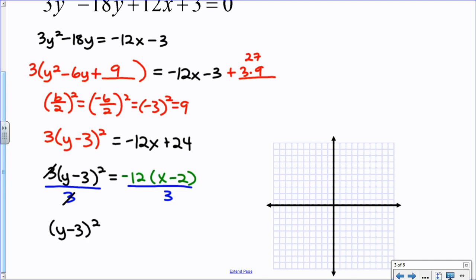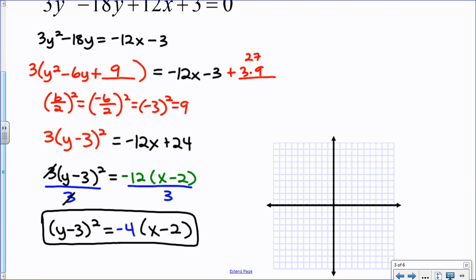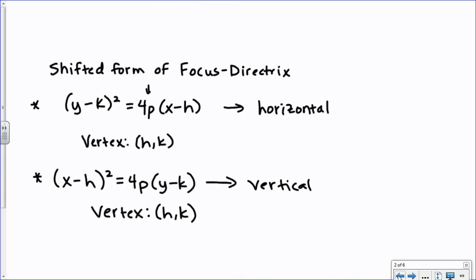So those cancel. Negative 12 divided by 3 is negative 4. So then I get a negative 4 here, x minus 2. Okay, so here is the form. That's going to just take some getting used to, knowing exactly what it's supposed to look like. So this should match up to this form here.